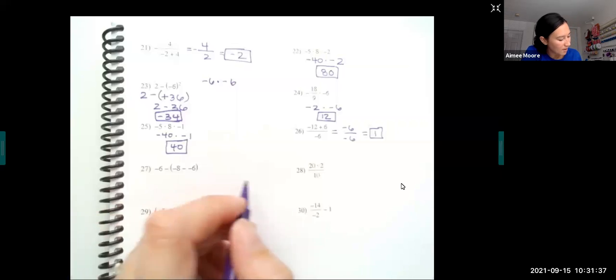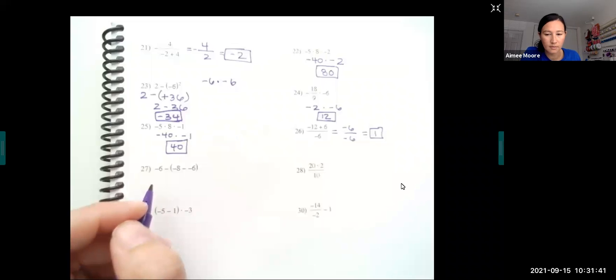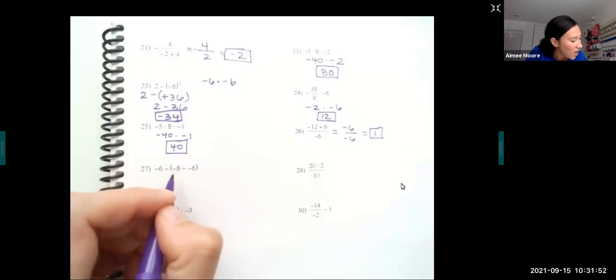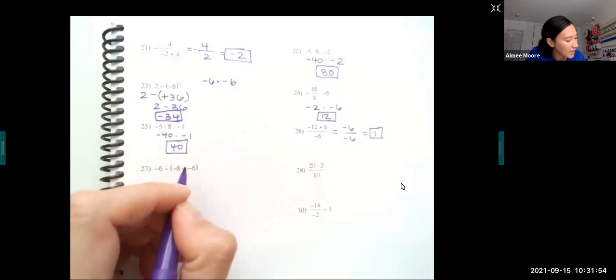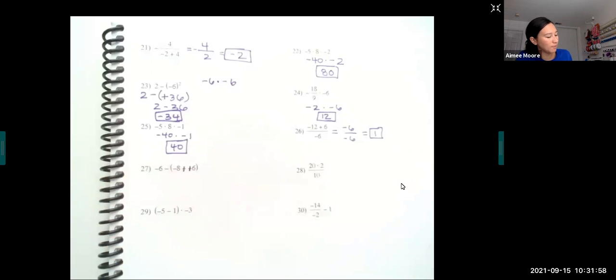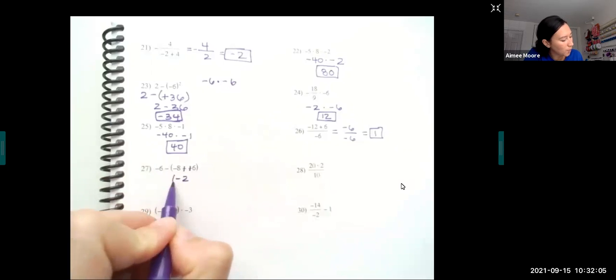And Sergio, 27 and 28. Okay, so Sergio sent me in the chat. So let's see, if we have -8 minus -6, whenever we subtract a negative, it becomes positive. So we have to do our parentheses first. So -8 plus 6 is -2.